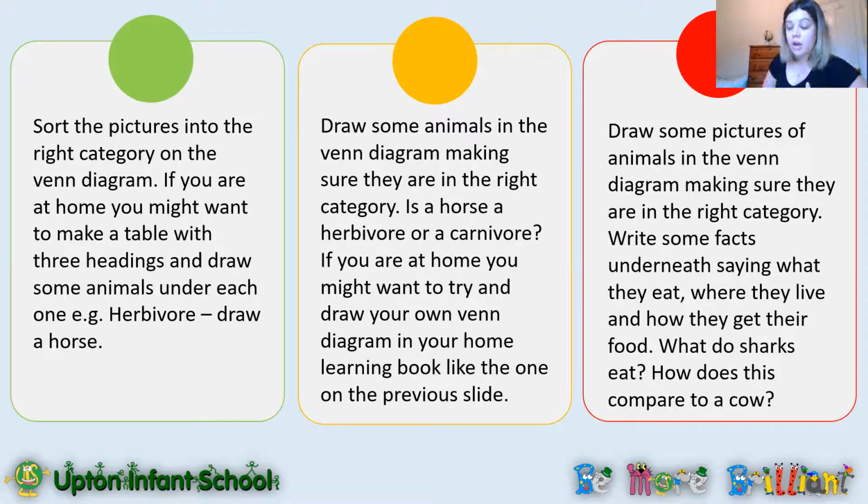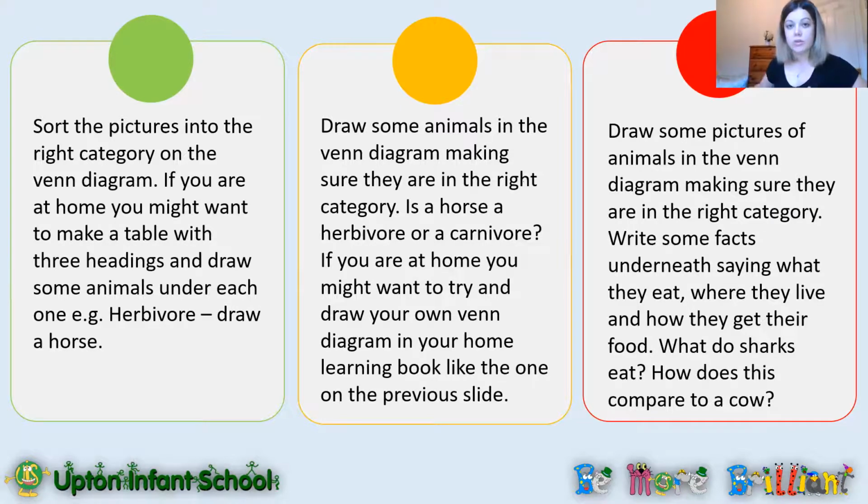So you could draw a shark, like we talked about before, in the carnivore category, and you could say a shark lives in the ocean and eats fish. Okay, and you might put a cow in your herbivore category, and you might say that a cow eats grass.